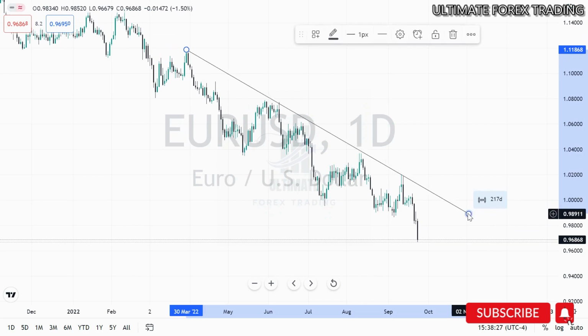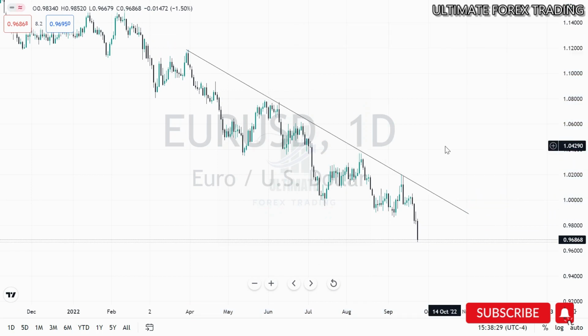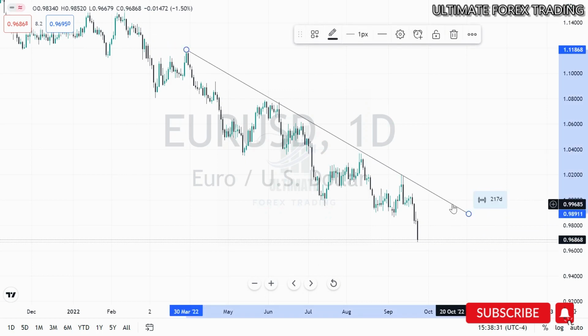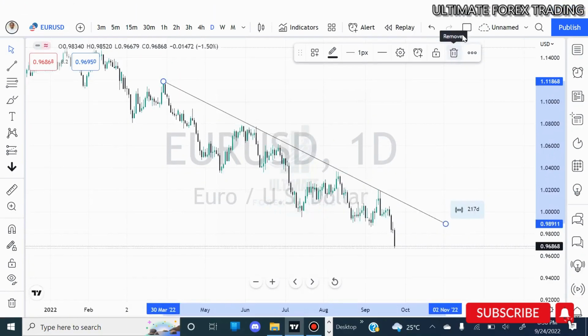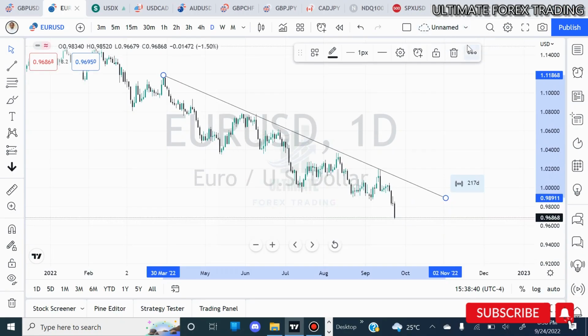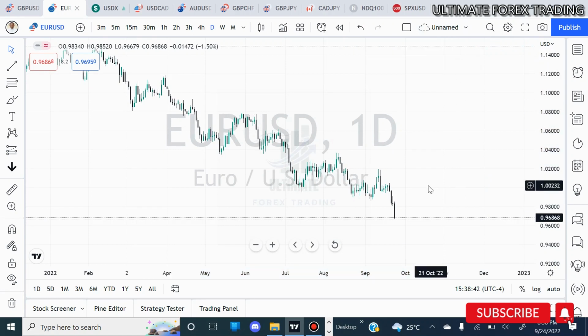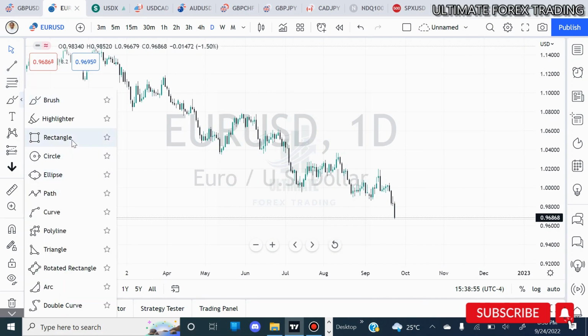We are bearish, even in the retail world we are bearish, institutionally we are bearish. So knowing that we are bearish, now let us try to analyze it institutionally. That's according to smart money concept, right?